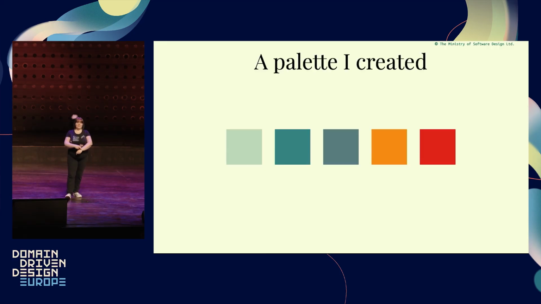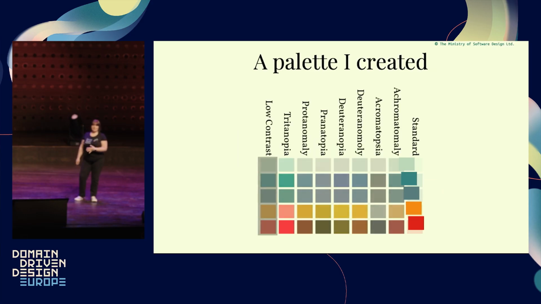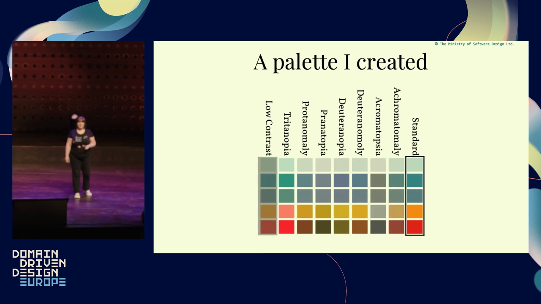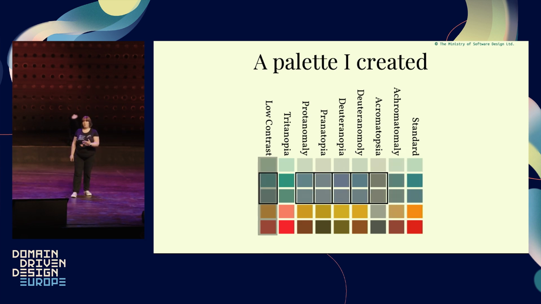Now, if you've got a palette, this one's one I just created by pulling out some colors from a picture that I liked. You can then simulate these different types, and you can look at this and go, right, there's my standard version there, but when I simulate this, I can see that there's going to be quite a few people who could very easily confuse these two colors.